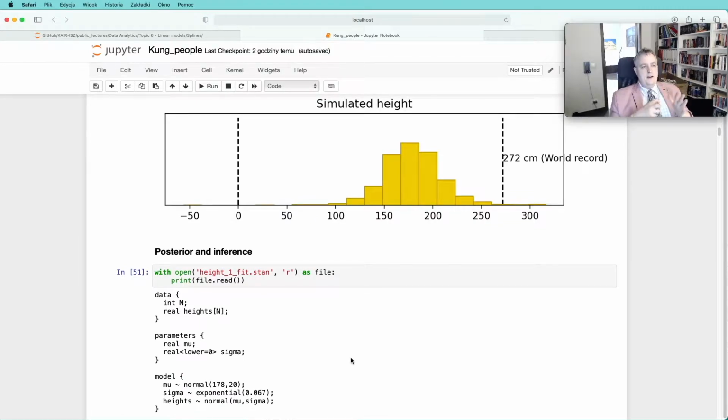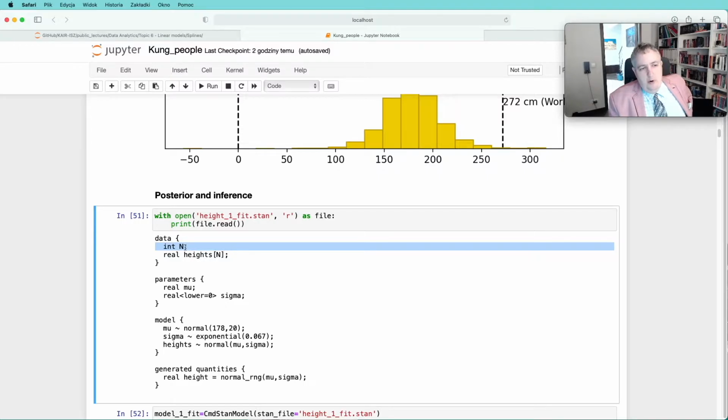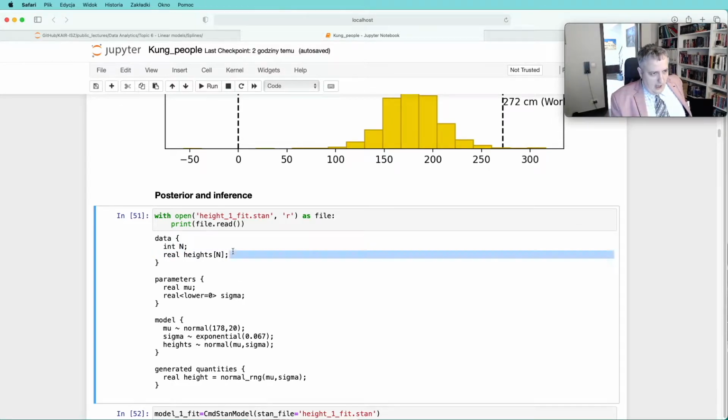So we can now use our data in order to get the posterior inference. For our posterior inference, we will create a new model, height 1 fit, which now needs some data. This data is information on the number of data points and the array of n heights in centimeters.